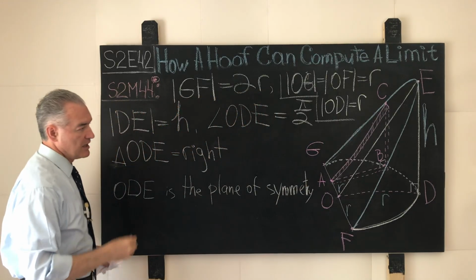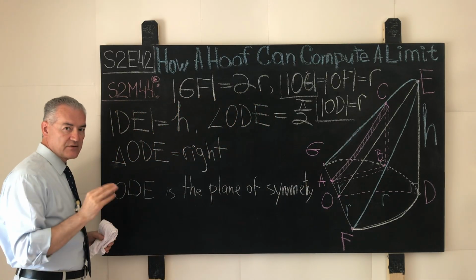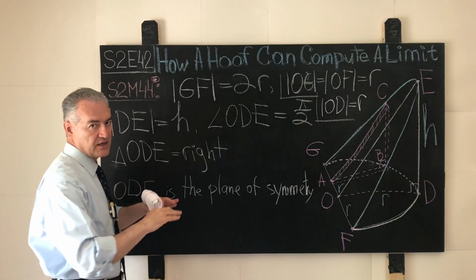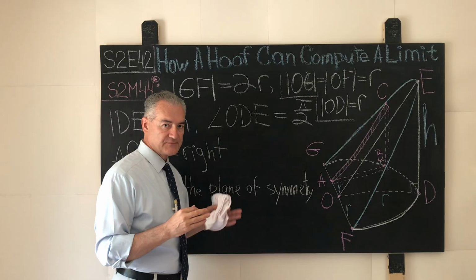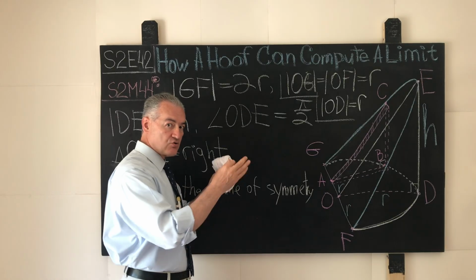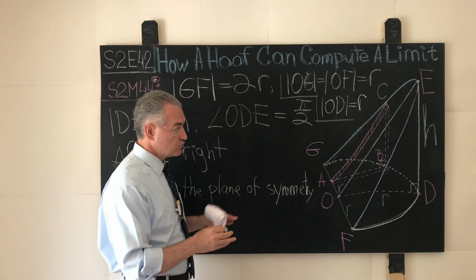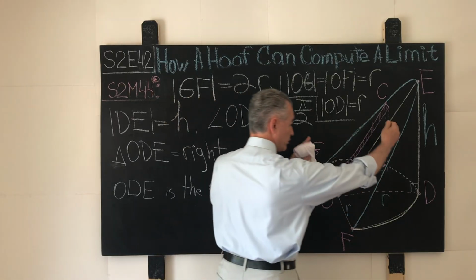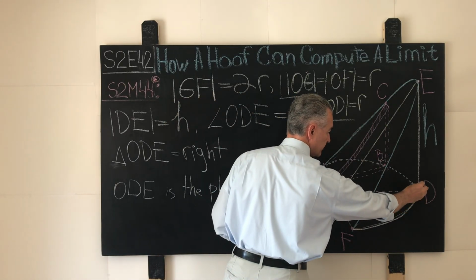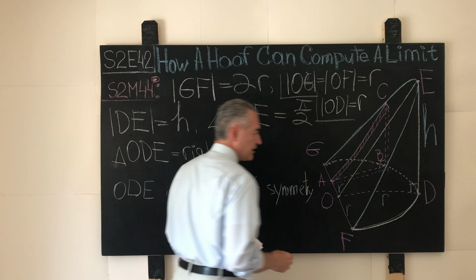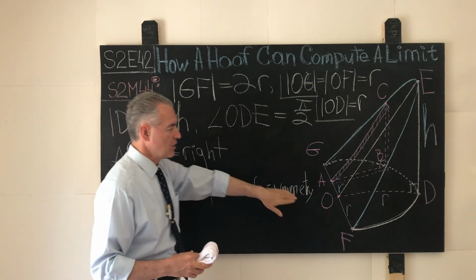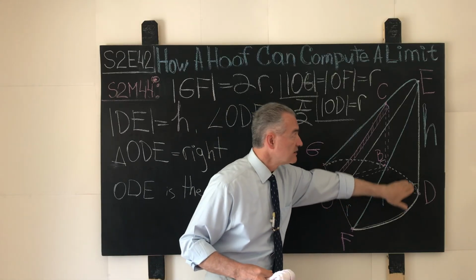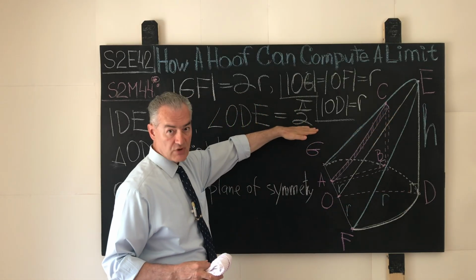And as I said, remember, the cylinders that enclose a finite amount of volume come in two fundamental types, right or oblique. Because we are using the right circular cylinder, the interior angle at D is precisely right. In other words, the angle ODE is right.